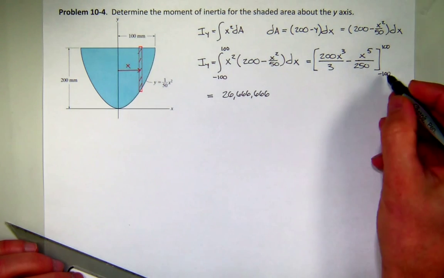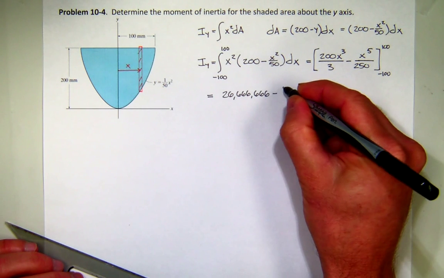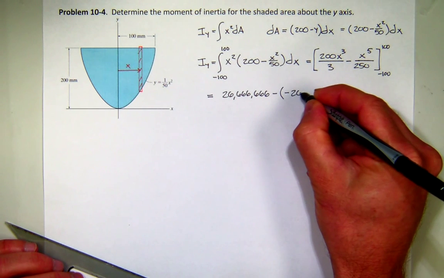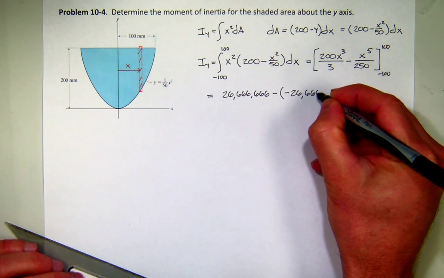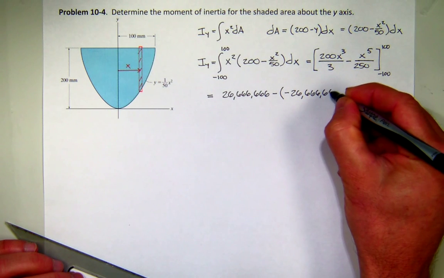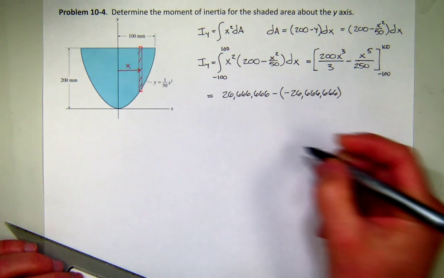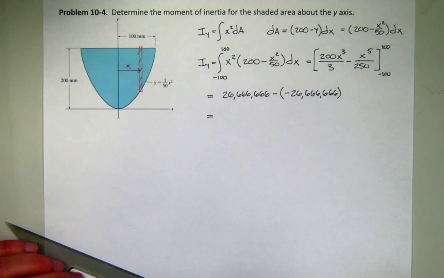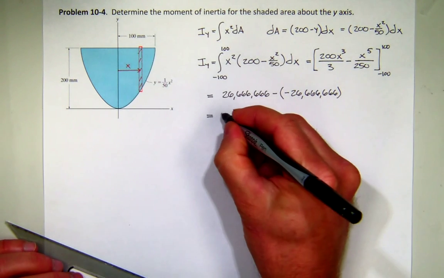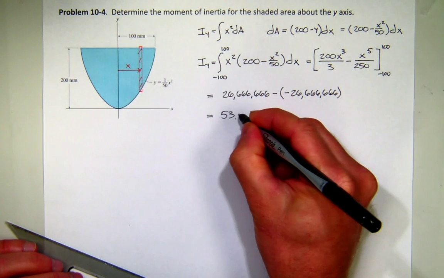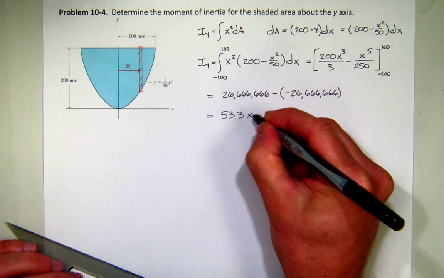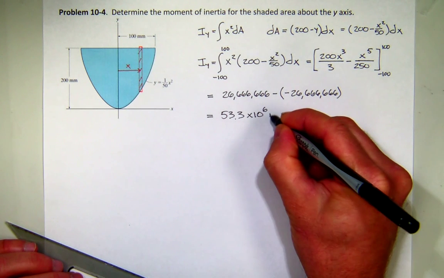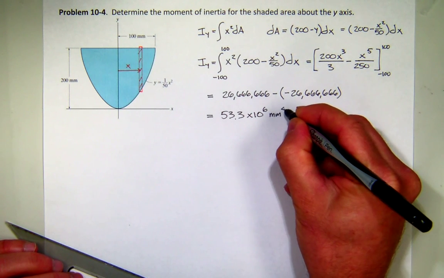And then when you do it at minus 100, you get minus 26,666,666. So when you put that all together, you get 53,300,000 and something. I'll just write it this way: 53.3 times 10 to the 6th, and that's going to be millimeters to the 4th.